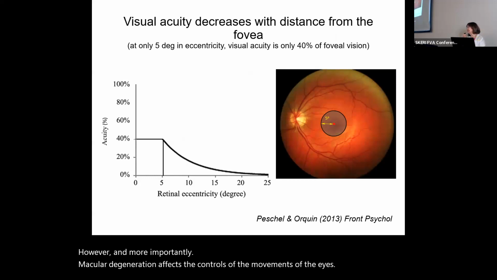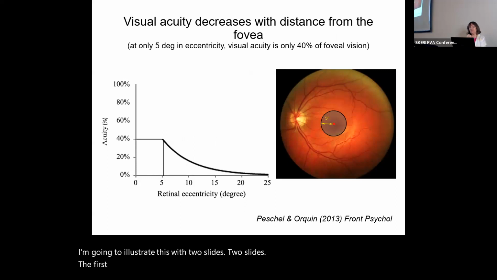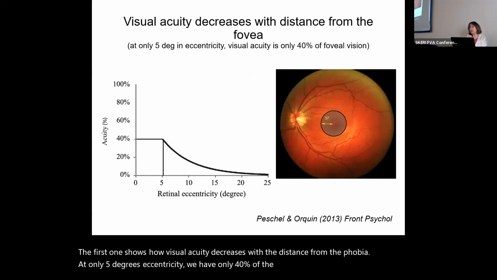I'm going to illustrate this with two slides. The first one shows how visual acuity decreases with the distance from the fovea. At only 5 degrees eccentricity, we have only 40% of the acuity we would have at the fovea.